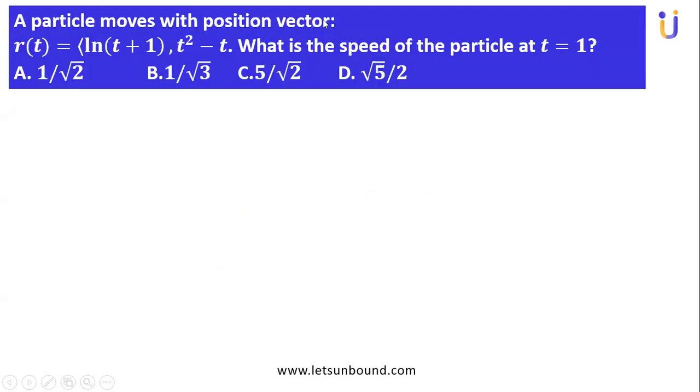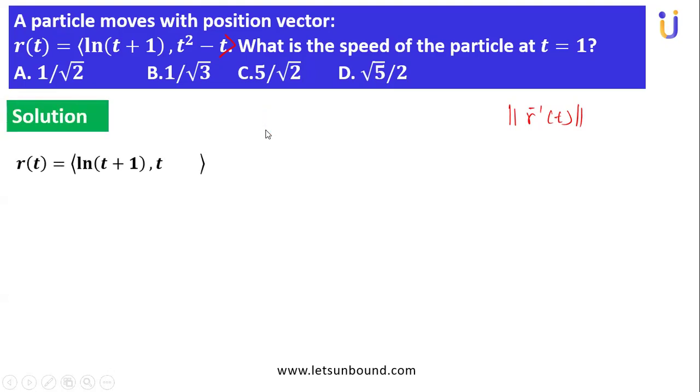Now, a particle moves with this position vector, with t² minus t. What is the speed of the particle at t equals 1? Speed is the norm of r dash of t, I mean the vector. So find r dash of t, which is very simple. I can just show you what we have to do here.